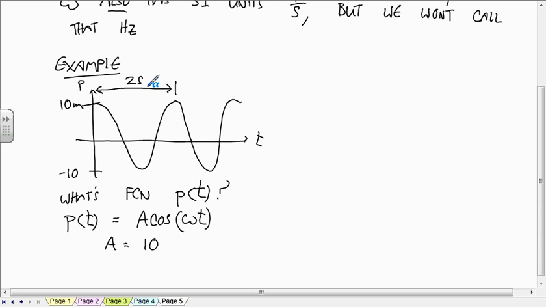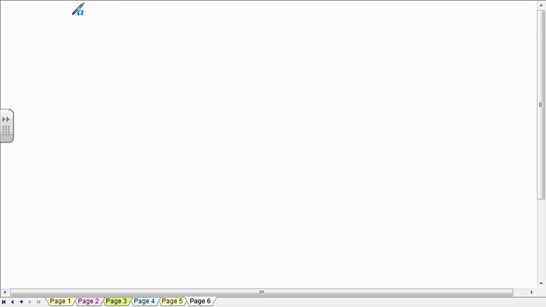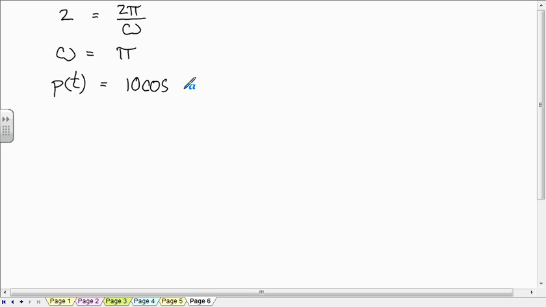Well, we're given this 2 seconds for the period, and we have an equation that relates the period to omega. So 2 seconds is equal to 2 pi over omega. And so omega is equal to pi. Now we can just plug these values in, and the position function is 10 times the cosine of pi t.